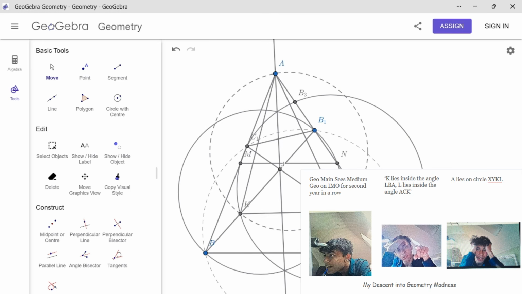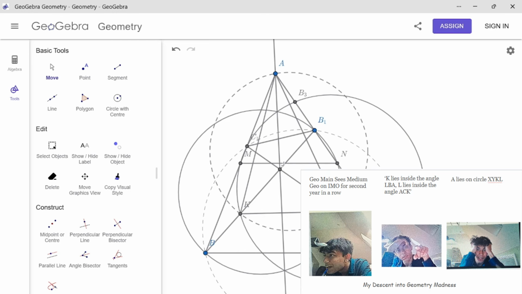So B3 should be the midpoint of AB1, because we need B1A times B1B2 equals B1B3 times B1C.